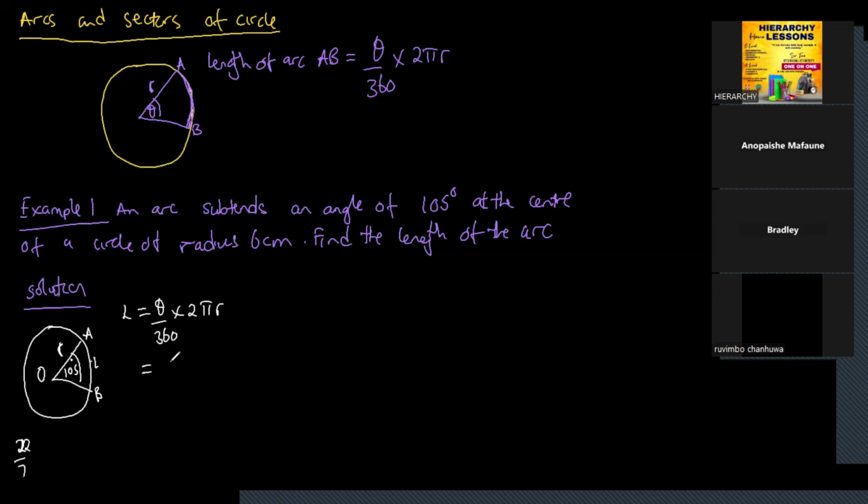So with theta being 105, we have 105 over 360 times 2 times 22 over 7 times the radius. We've been told that the radius is 6, so times 6. On the calculator, go 105 times 2 times 22 over 7 times 6. If we round off, we're going to get roughly 11 centimeters.